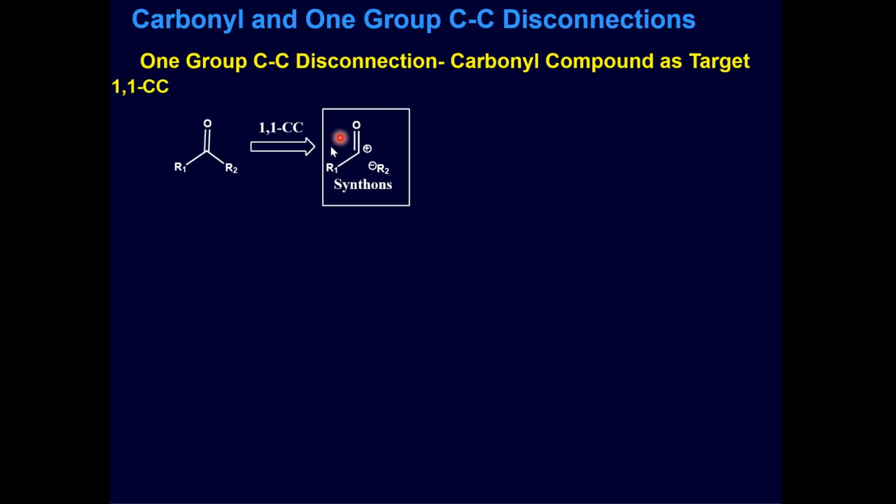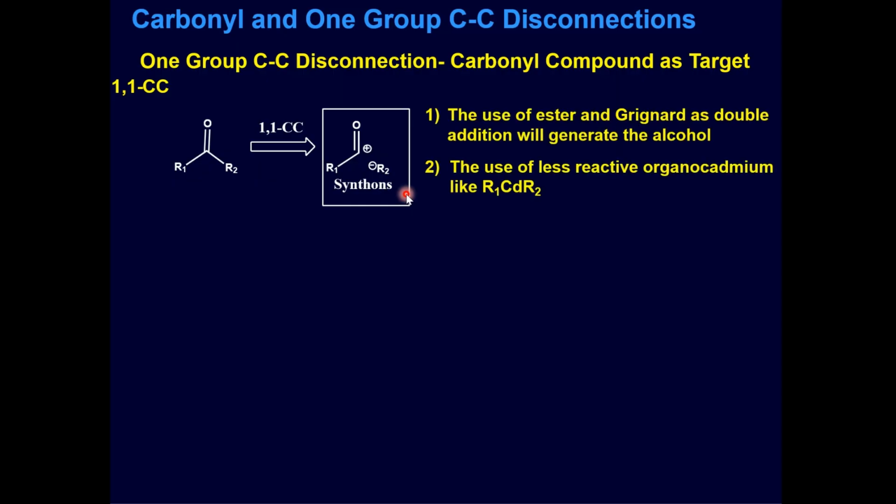For this acceptor synthon I'll take RCOCl and treat with the corresponding alkyl magnesium halide. R2 attaches on this, Cl gets kicked off, and I'll get the corresponding ketone.